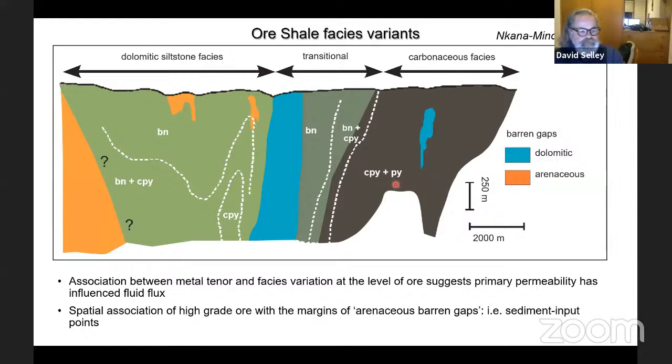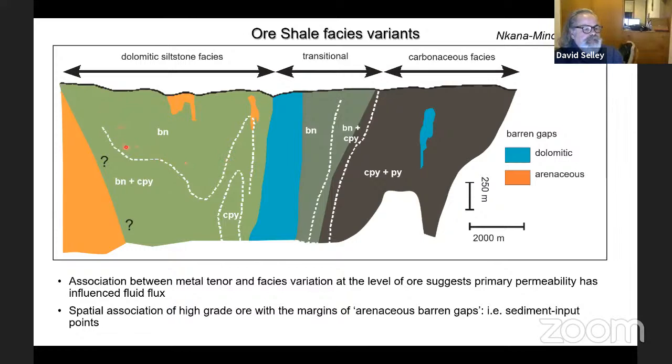So here, clearly we're not dealing with a reductant limited system. The distribution of ore is apparently linked to permeability at the level of mineralisation. And indeed, we can see here that the facies variation is basically just showing us sediment input or sediment dispersal patterns.